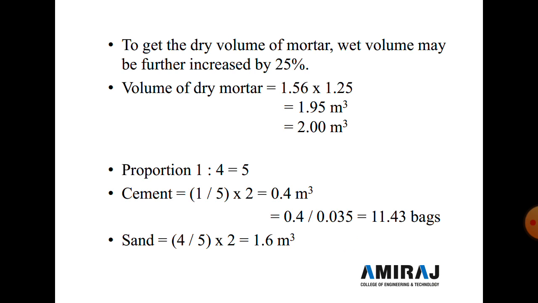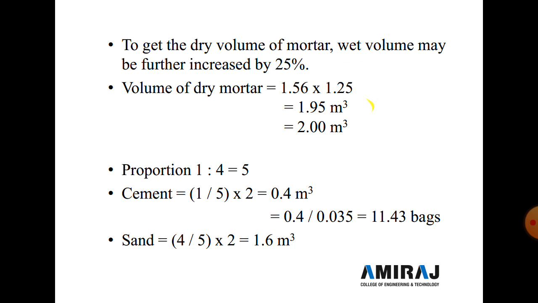Now we find out the dry volume, because volume is always counted in dry form. So to get the dry volume, volume may be further increased by 25%. So here the wet volume 1.56 multiplied by 25%, so 1.25.